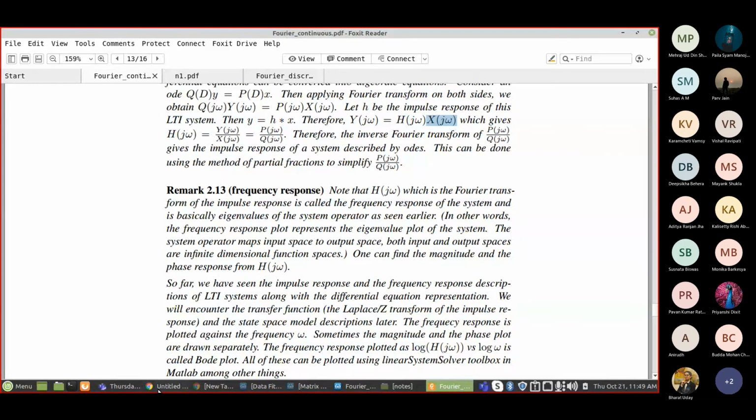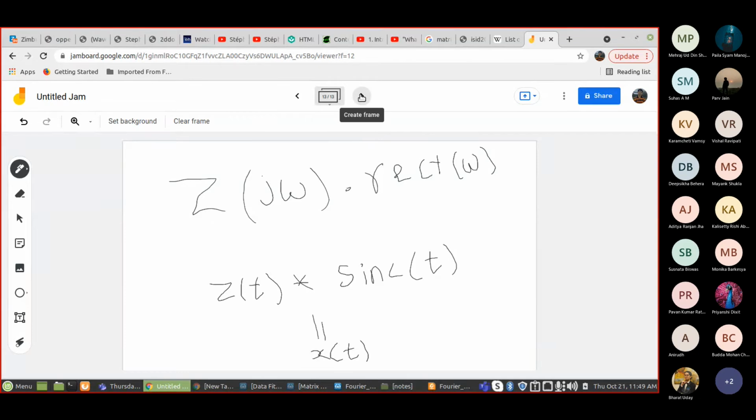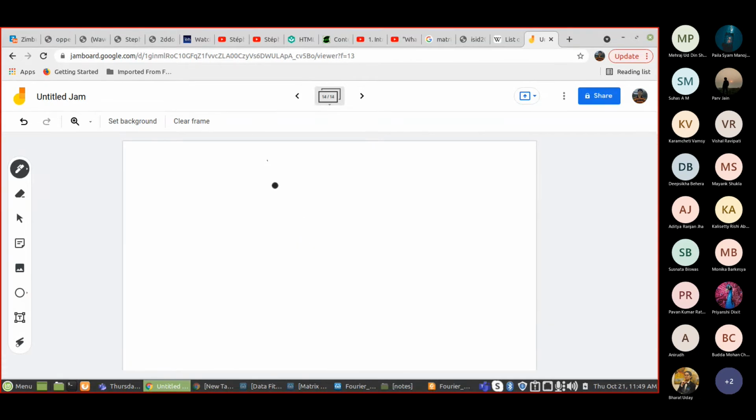So frequency response is something like this. If you are plotting the frequency response H(j omega), then you plot it as follows.